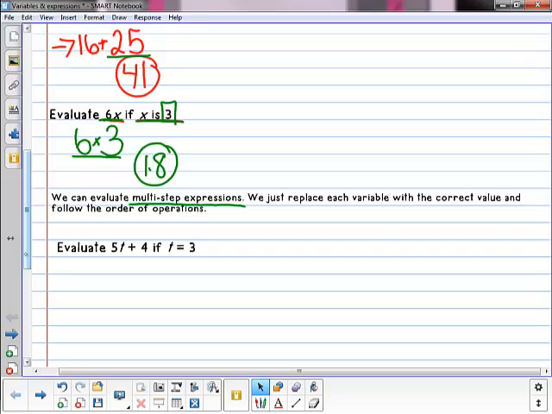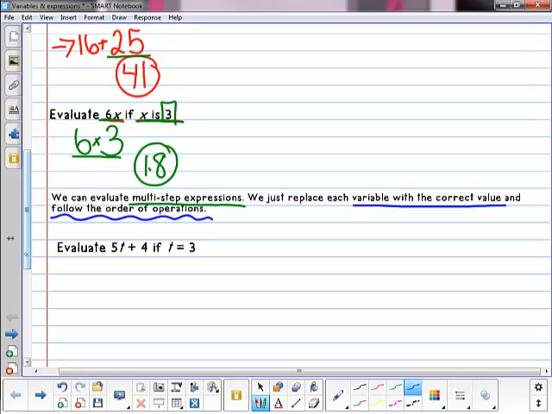Okay? Now let's make it a little more challenging. We're going to evaluate multi-step expressions, meaning we're going to have to put in potentially more than one value for a variable, or we're going to have to do 2 operations within our expression.